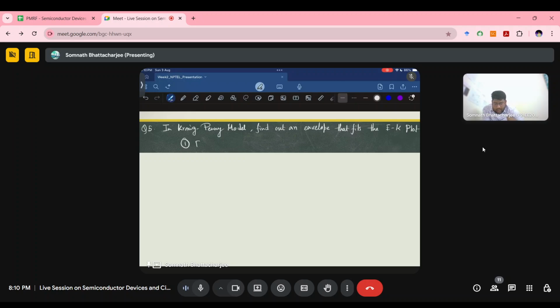The first one is E equals A by k. The next one is E squared plus k squared equals A squared. Third one is E squared minus k squared equals A squared. And the fourth one is none. So which one is correct? And tell me the reason as well.